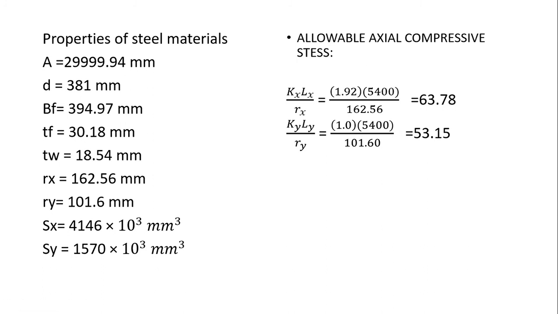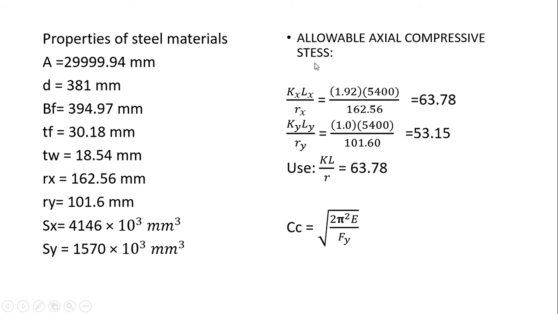Then, KY times LY over RY. So, KY is 1.0 times 5,400 over 101.60. So, the answer is 53.15. So, mas dako man ni siya, so ang atong gamiton nga KL over R is 63.78.